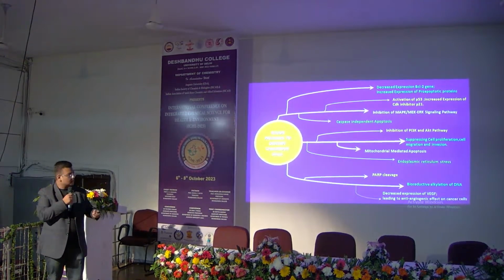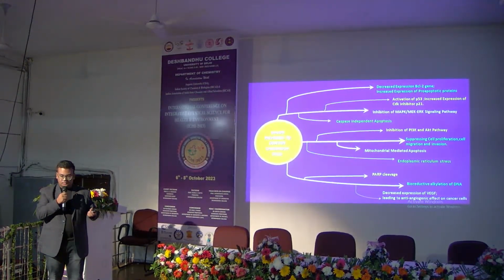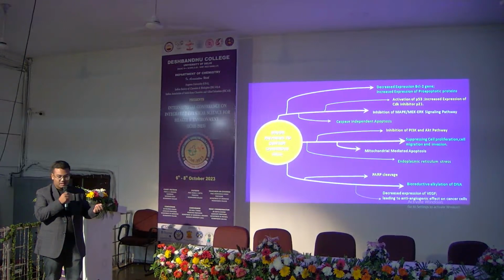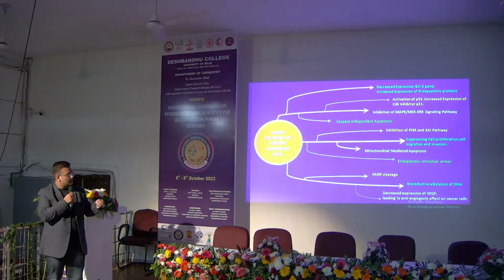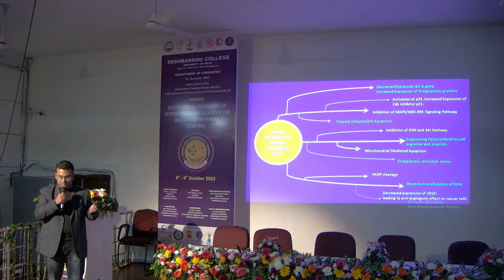Then there is inhibition of the MAP kinase and MEK signaling pathway by depriving the pathways of their essential growth factors. And there is caspase independent apoptosis, which is related to the apoptosis inducing factor.